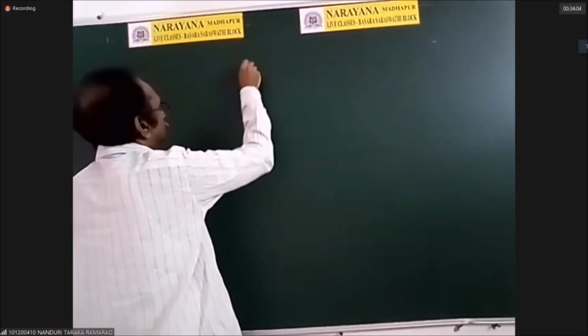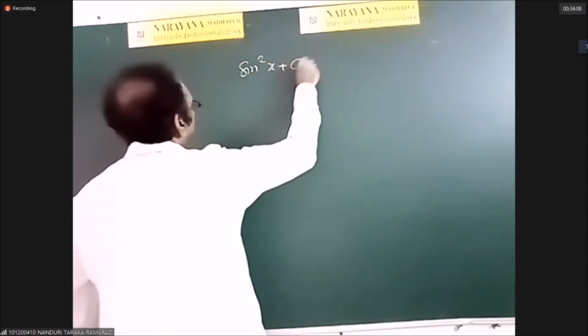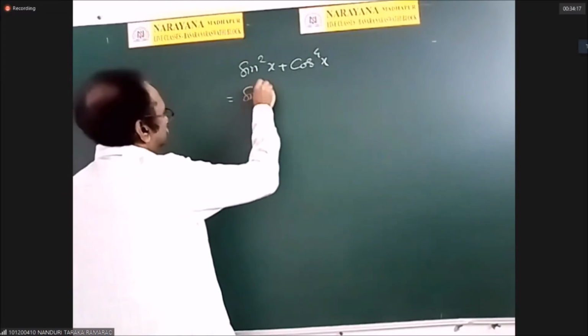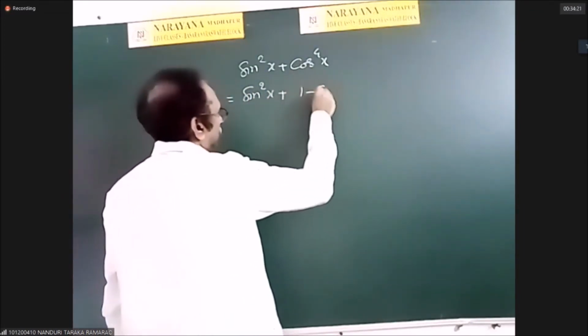Right. Next one, sin square x plus cos power 4x. What is the range of sin square x plus cos power 4x? See, this can be written as sin square x plus cos square x whole square.